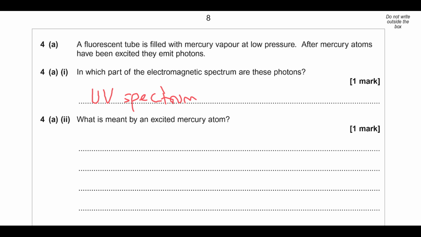What is meant by an excited mercury atom is when an electron has gone from ground state to a higher energy state inside the atom. So let's get that there.